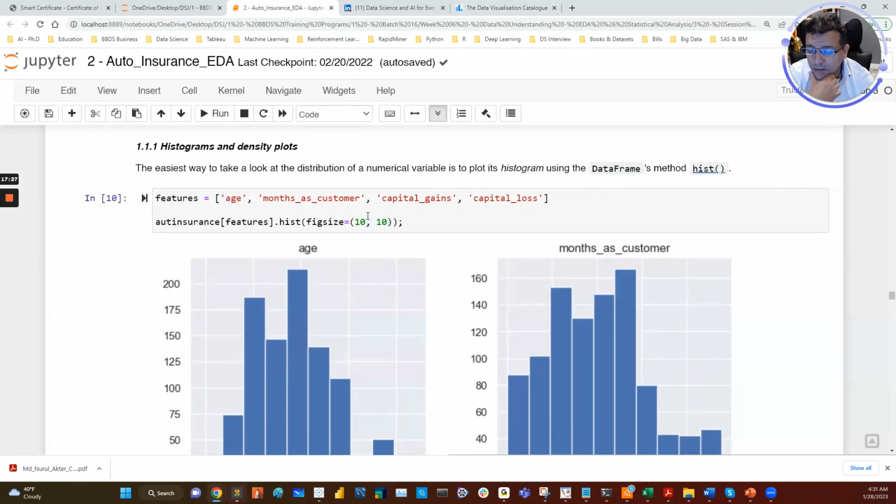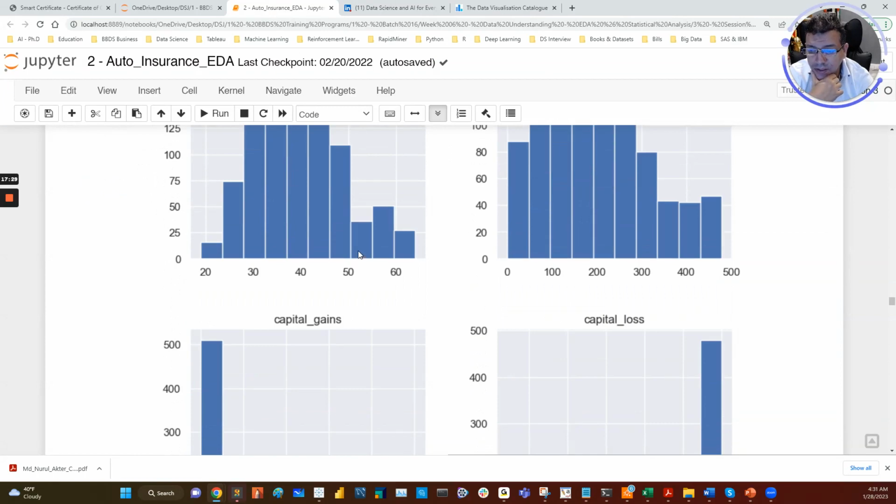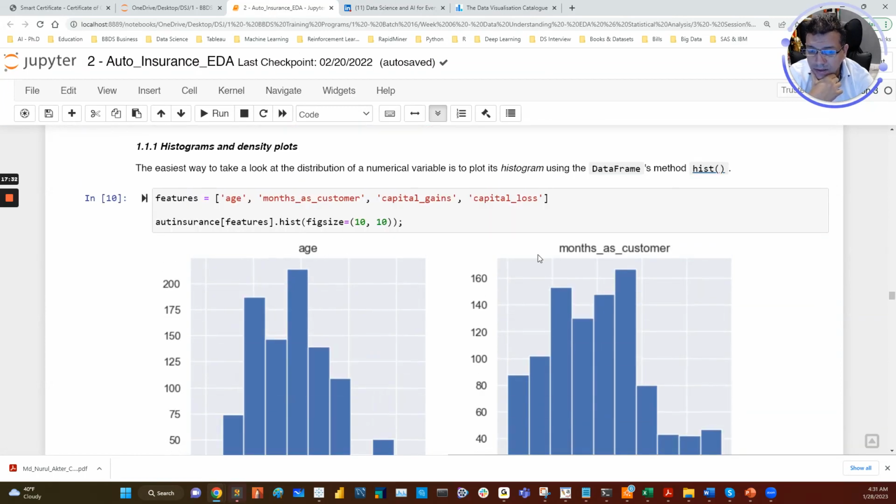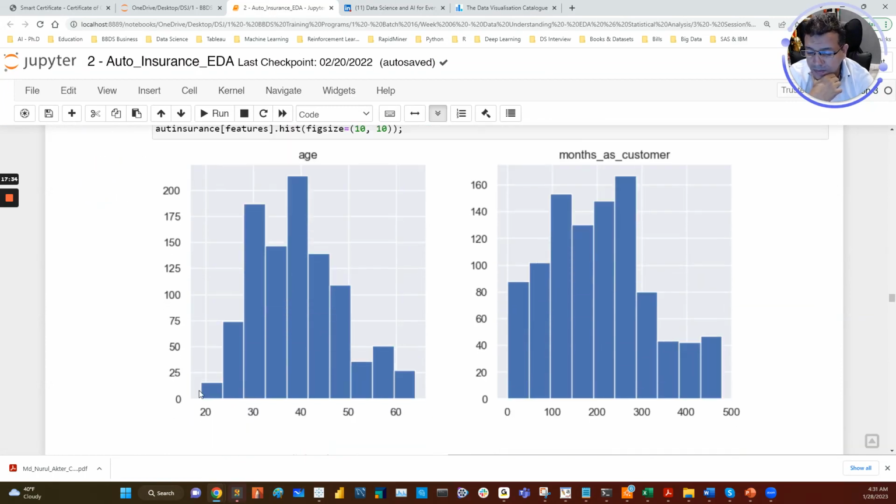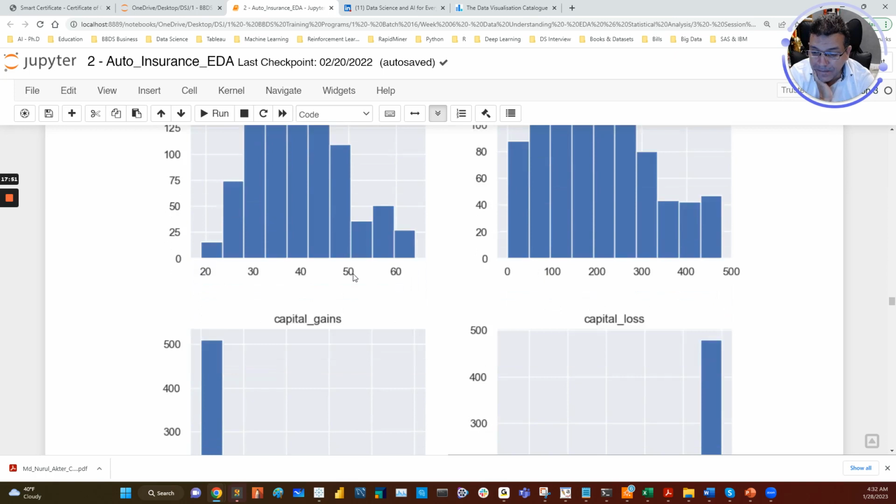So just visualize a few features, the age, the month as a customer, and age, and in terms of the distribution, we got some problems in there. They are not 100% normally distributed. They are not bell-shaped. They are not Gaussian distributed. So we might need to tweak them later.